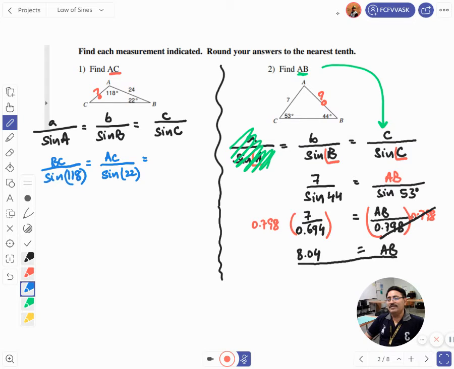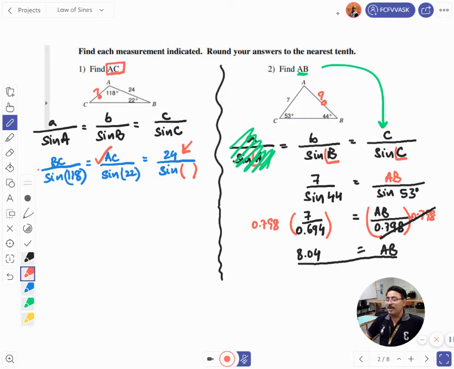Then c, the side opposite to angle C, which is 24, over sine C. I don't know what the angle is. Look at the question: you are asked to find AC, so this fraction is a must. If you know the side and are missing the angle, then the angle can be computed.